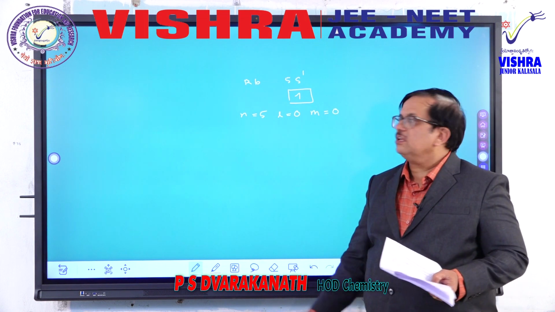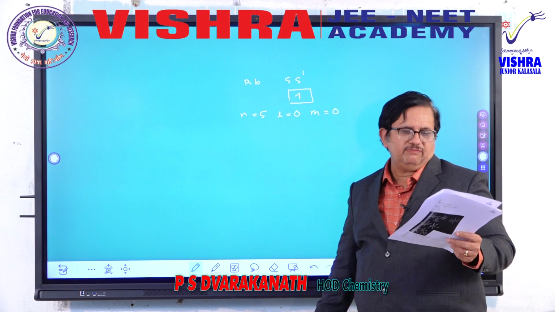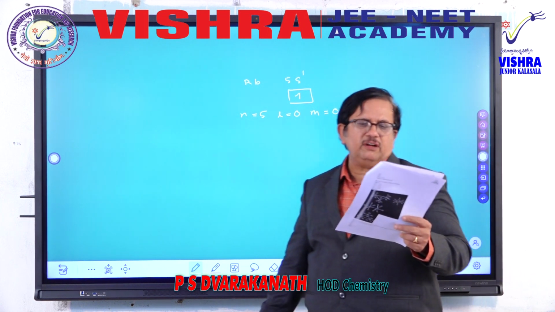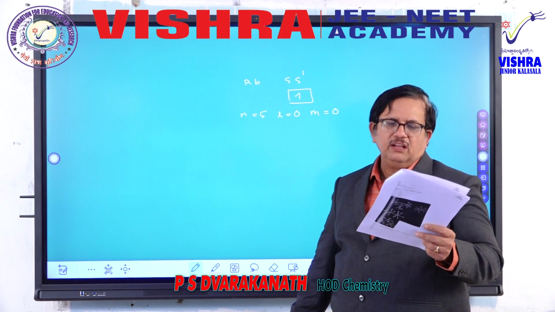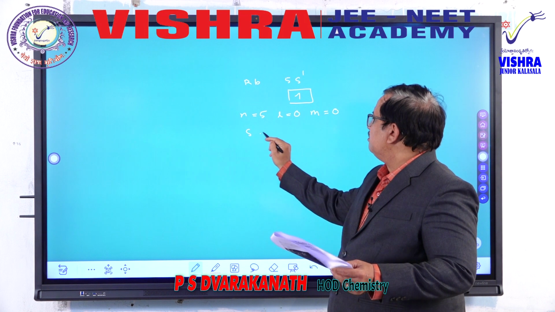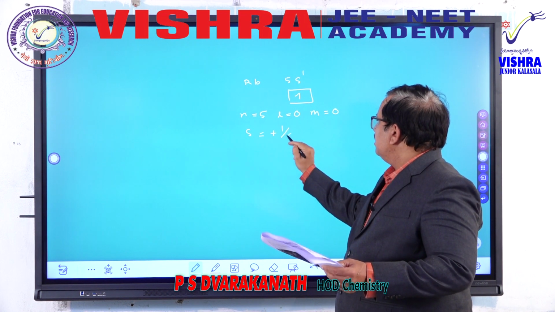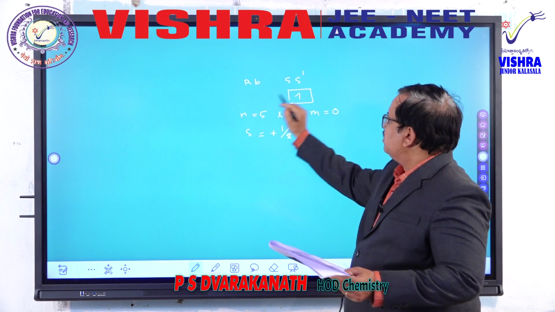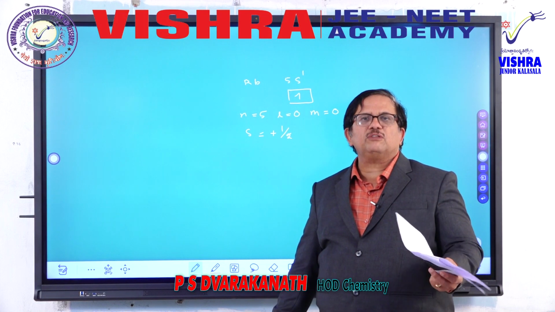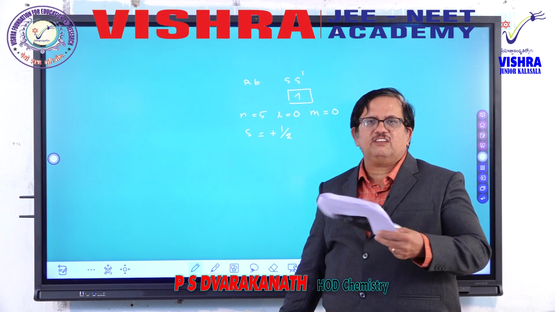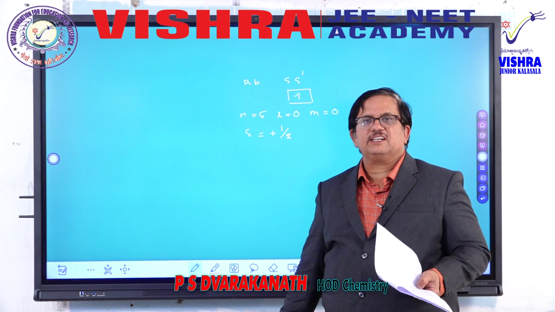Spin will be plus half. The correct set of 4 quantum numbers of the valence electron has s equal to plus half. If you look at the 4 options, then that option is absolutely correct.